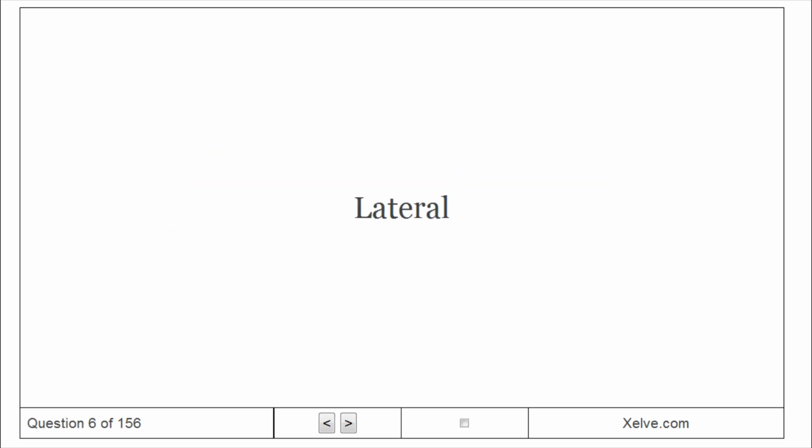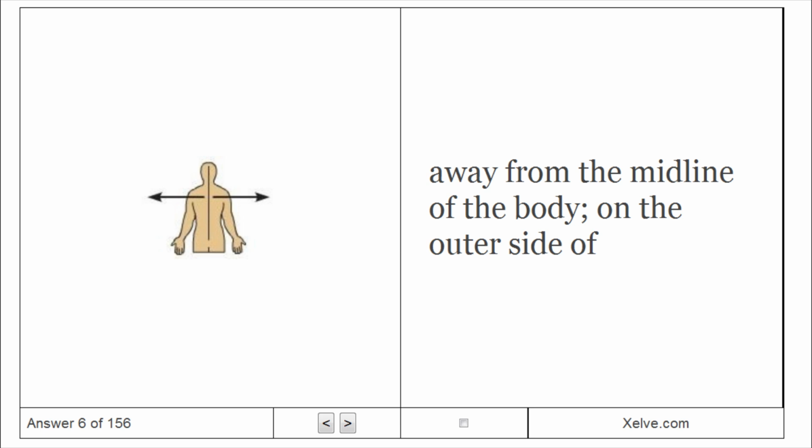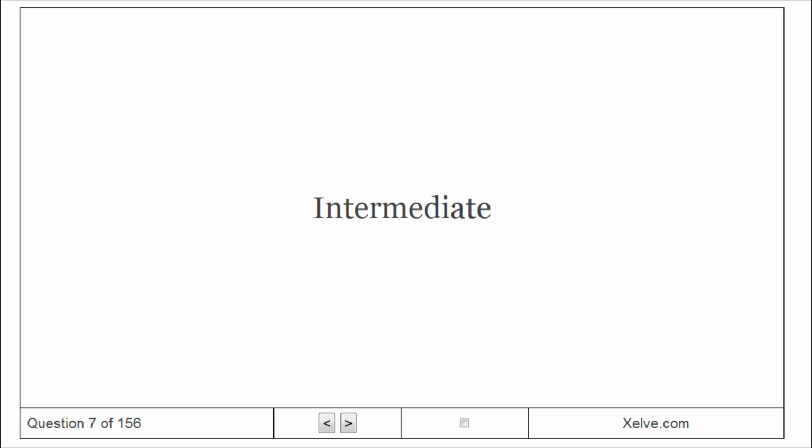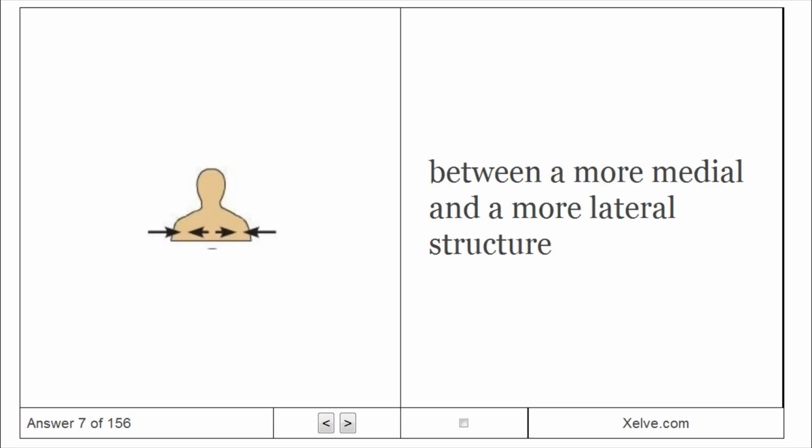Lateral: away from the midline of the body, on the outer side of. Intermediate: between a more medial and a more lateral structure.